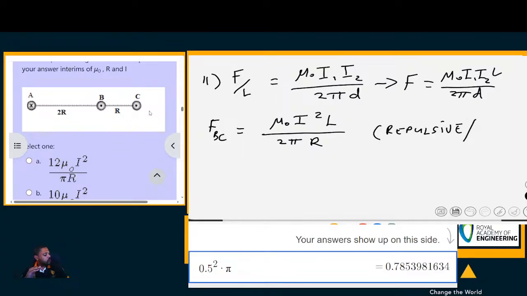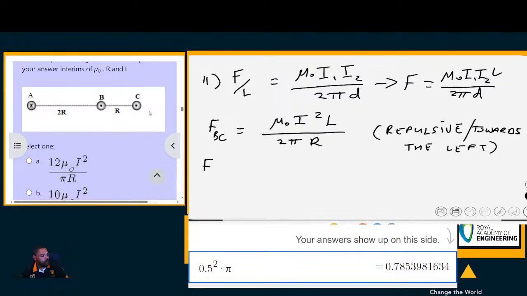In other words, it is towards the left, the negative x-axis, if you will.